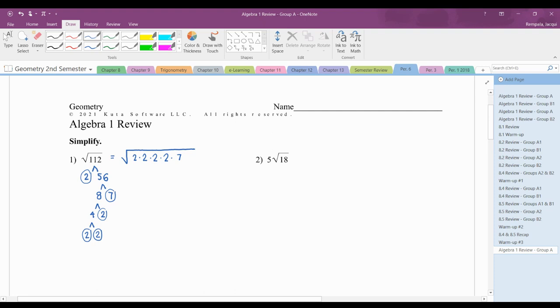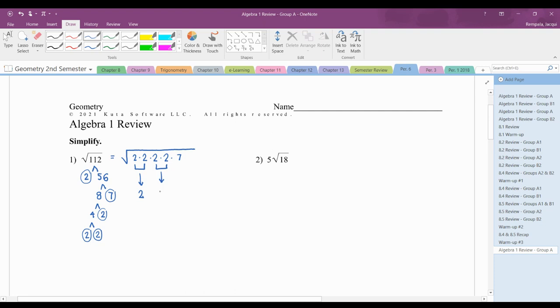By putting all of those prime numbers back under the radical, what I want to look for are pairs, 2 of the same number. Notice that I technically have 2 pairs of 2. Any pair gets to move outside of the radical. I have 1 pair of 2s, so I write that 2 outside of the radical.